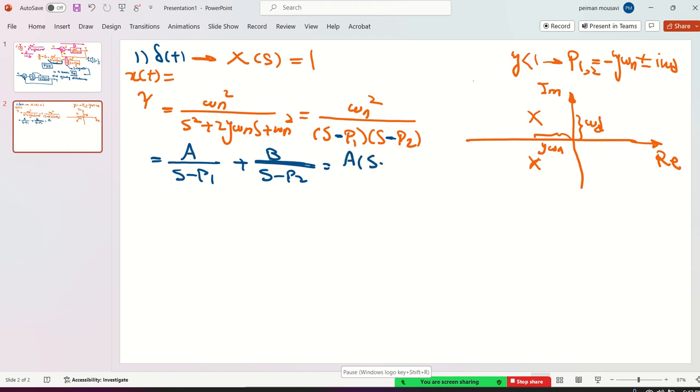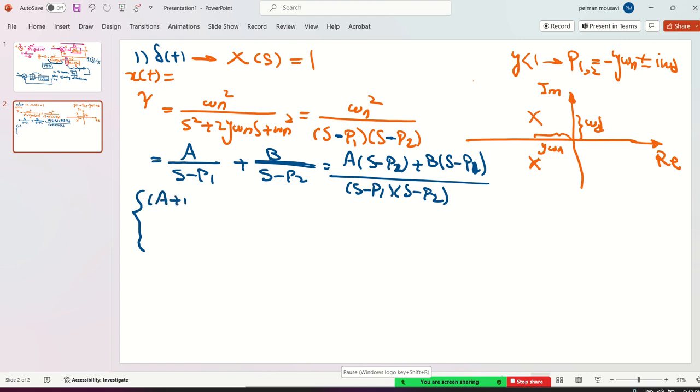And maybe A, this is a trivial method, but I don't want to go to residual that maybe few of you don't know. This is s minus p2, this is s minus p1, sorry guys. I'm developing with you. Okay, so as we did previously for the first order system, you have to solve for A plus B in s minus A p2 minus B p1 is equal to natural frequency squared plus 0s.